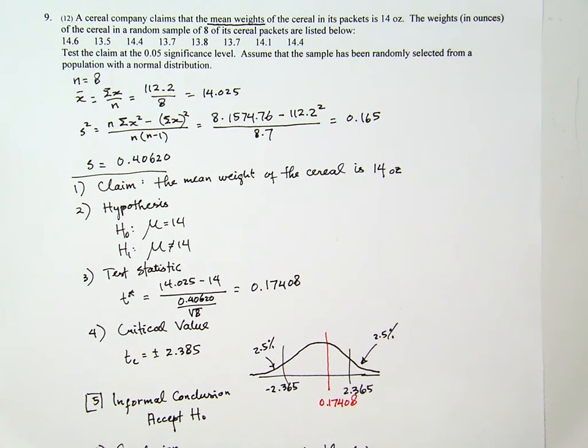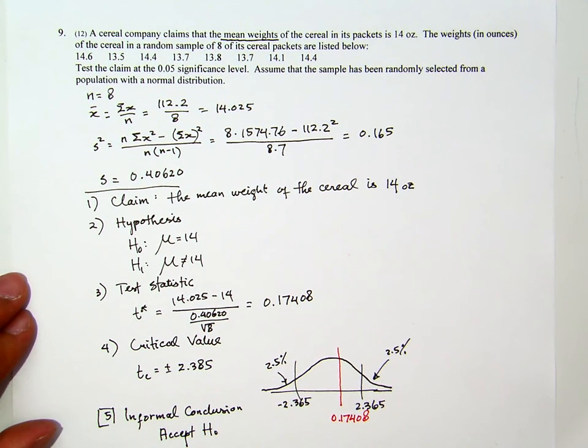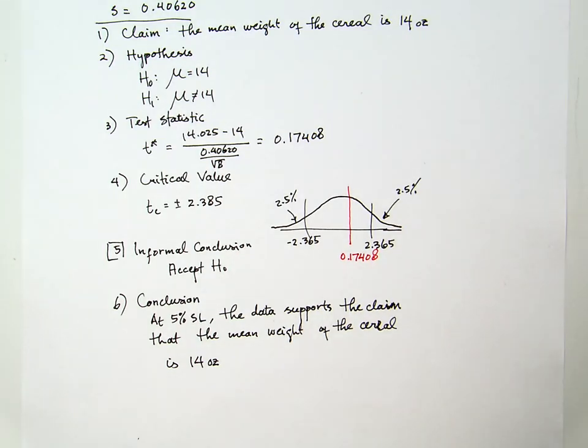It is actually quite an acceptable practice right now to say it this way. Okay, the data supports the claim. Or maybe some people try to be a bit careful. They say the sample data appears to support the claim that the mean weight of the cereal is 14 ounces. Okay, this is from Melanie's Fall 2011 Math 227 Test 3 number 9.